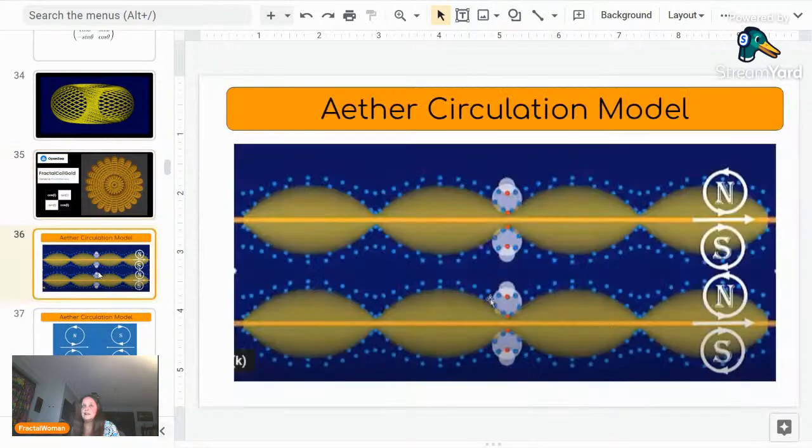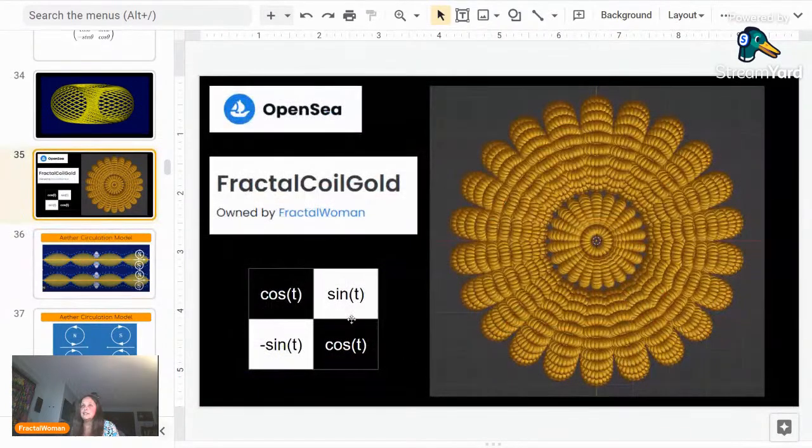And then there's Yonel-Dinyu's ether circulation model, which I showed you the simulation for. Before he did the simulation, I actually did some animations, which you'll find on my YouTube channel, using only these complex numbers.